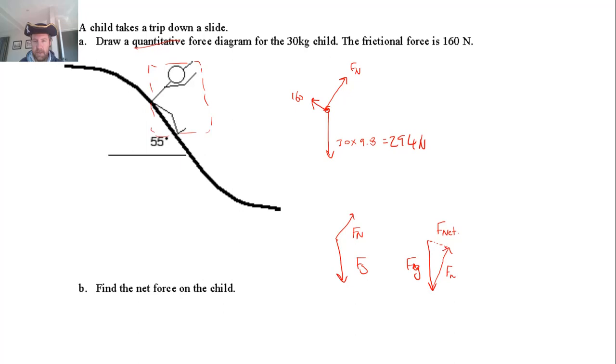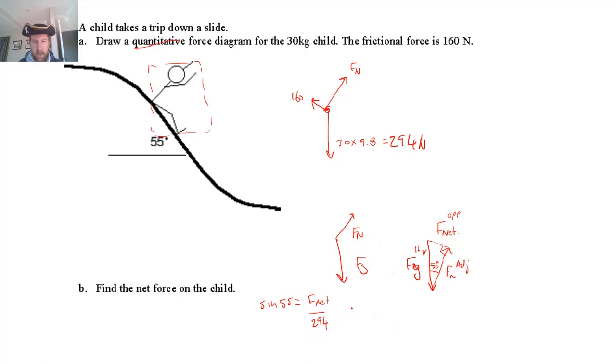I'm going to work out what this is now. I know this is 55 degrees. So this is the right angle, this is the hypotenuse, this is the adjacent, and this is the opposite. So if I'm working with net and gravity, I'm going to go sine 55 equals opposite F net over, and gravity we know is 294.